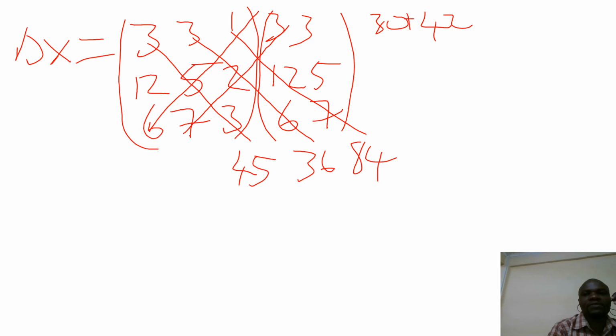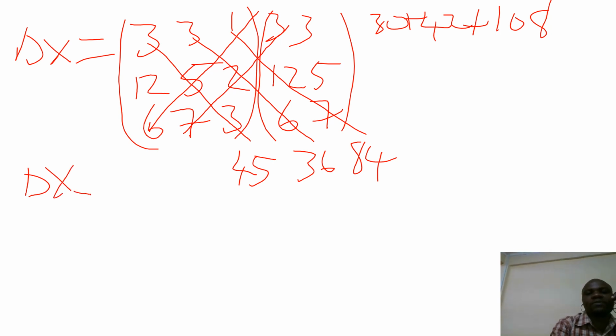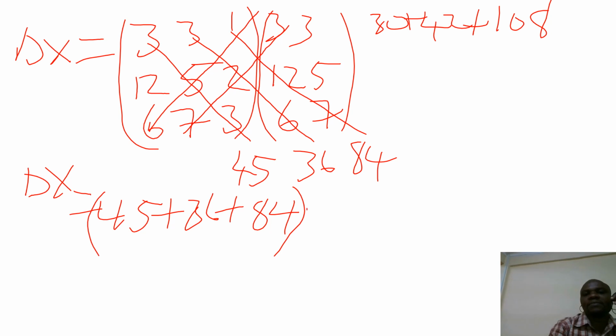So I'm adding this 42. And then I consider the last one, which is 3 multiplied by 12 multiplied by 3, which gives me plus 108. So now to get the dx, my dx is equivalent to 45 added to 36 plus 84, then all these I subtract 30 plus 42 plus 108.